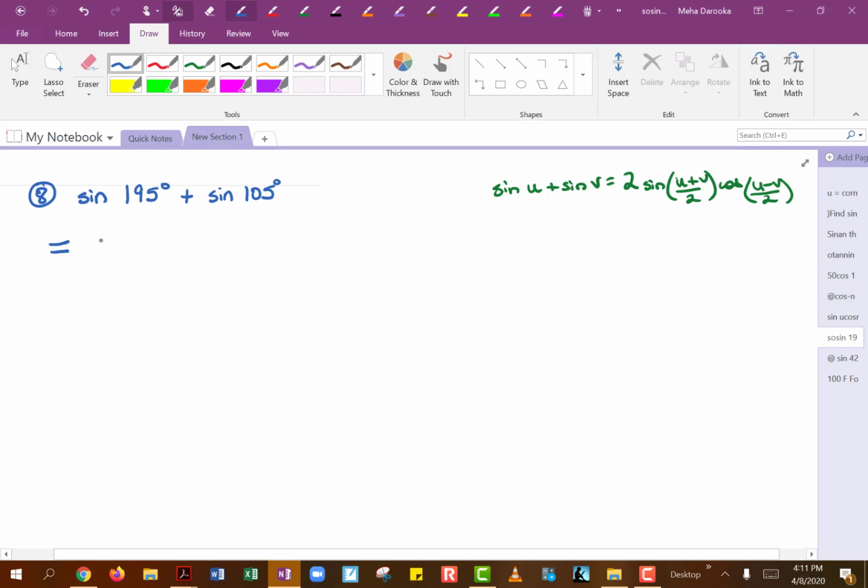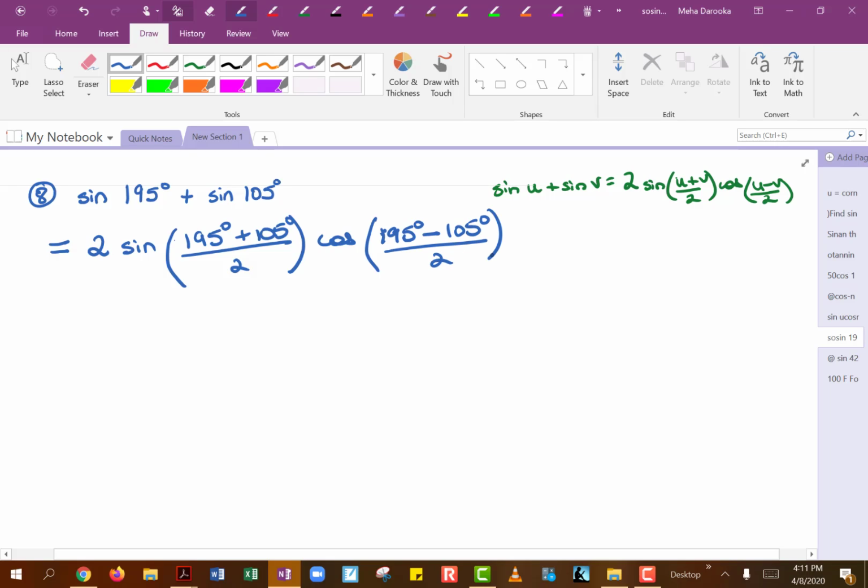Okay, so 2 times sine of 195 plus 105 divided by 2, and we're multiplying this by cosine of 195 minus 105 divided by 2.